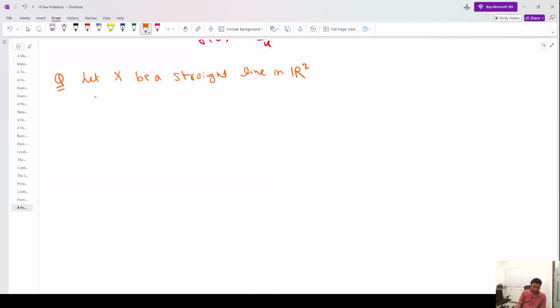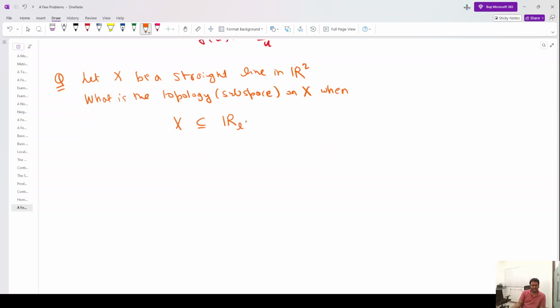Then you have to see what is the topology, I mean the subspace topology, on X when X is contained in R with lower limit topology.